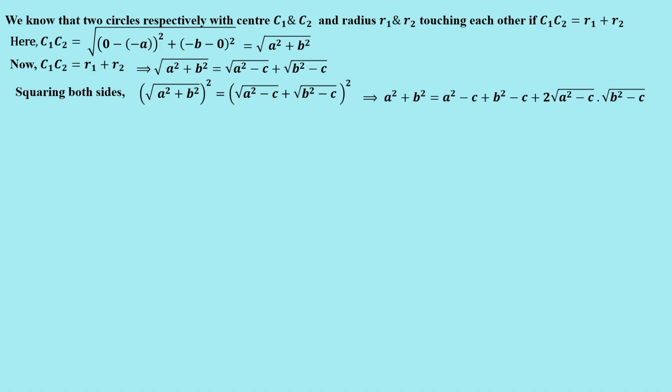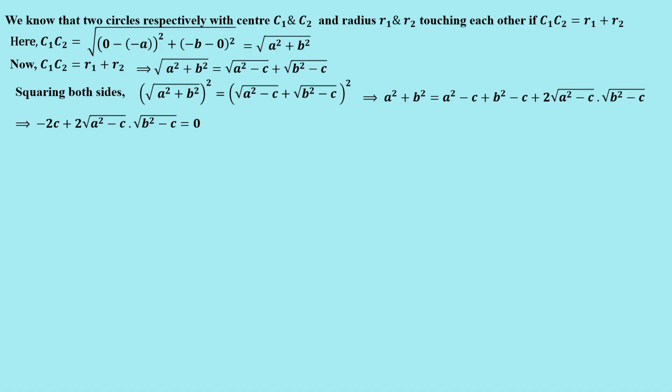So when we are squaring, the square root will go, so a² + b² on the left hand side. Right hand side, you are using the (a + b)² formula. So a² − c + b² − c + 2 root of (a² − c)(b² − c). So a² and b² on the right hand side will get cancelled with a² + b² on the left hand side, right?